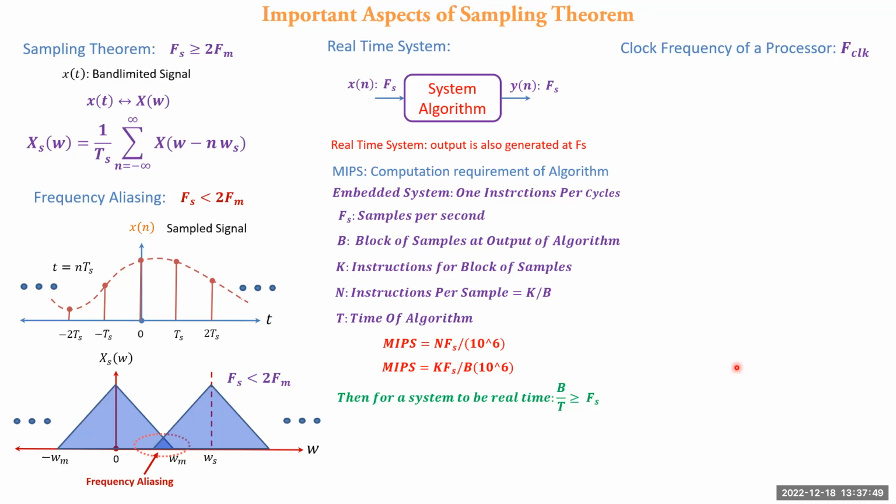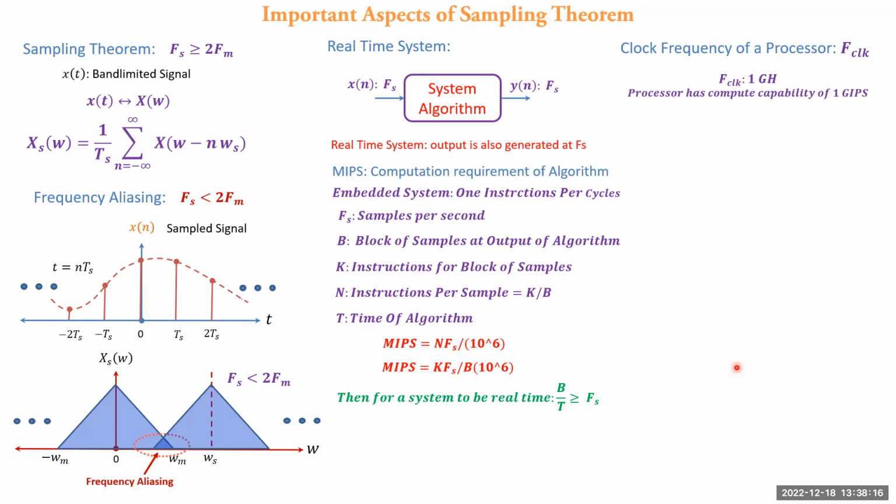Here, as clock frequency increases because the compute power requirement of the algorithm increases with sampling frequency, the power consumption in your system also increases, which drains more battery, and hence your battery drainage becomes faster and you have to charge your battery frequently, which is not a good feature in most embedded systems like a mobile phone.